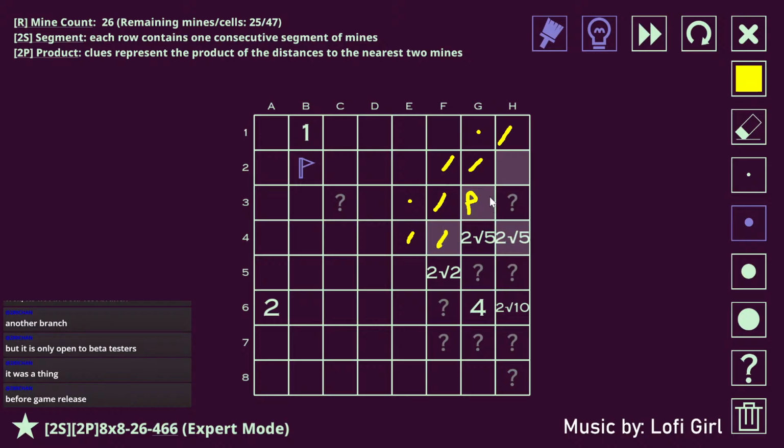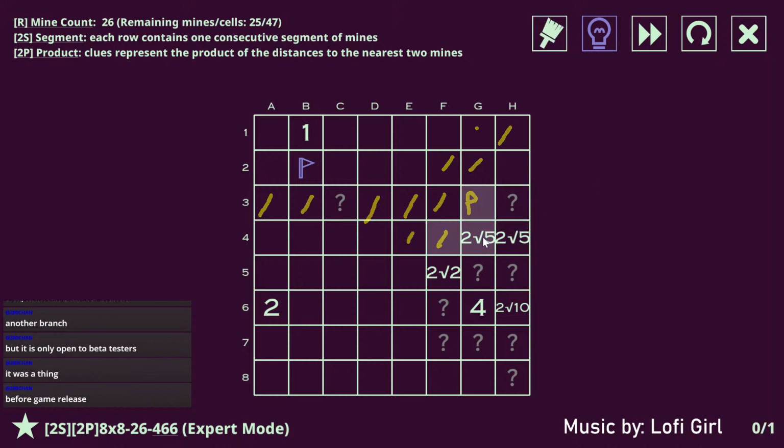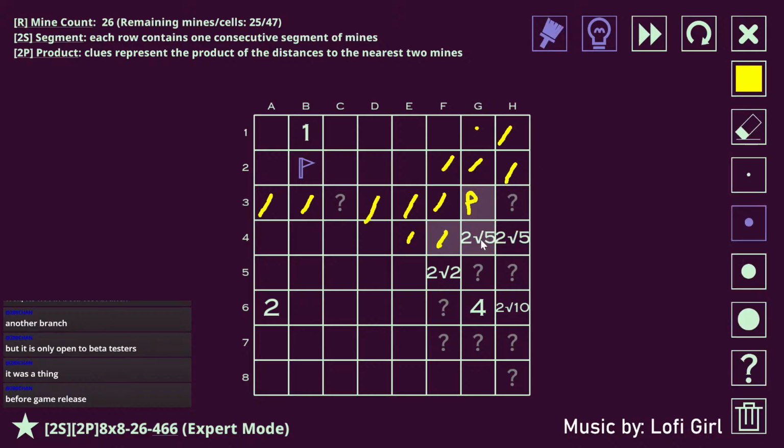That would force this to be empty and this to be a mine. It would also force these to all be empty, I guess. I don't know if this 2 root 5 can handle that, if there were a mine here.